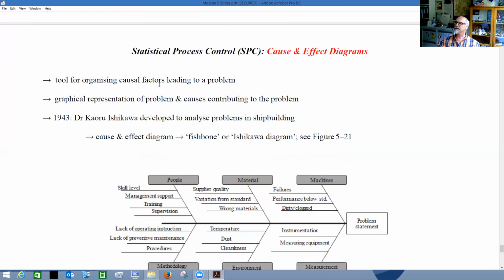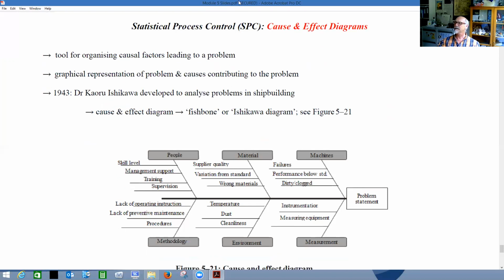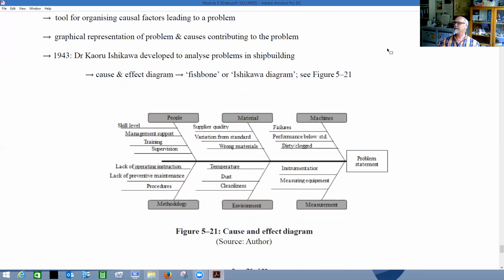They are a tool for organizing causal factors leading to a problem. It's a graphical representation of the problem and the causes of that problem, developed by this Japanese gentleman, and they sometimes call it a fishbone diagram.